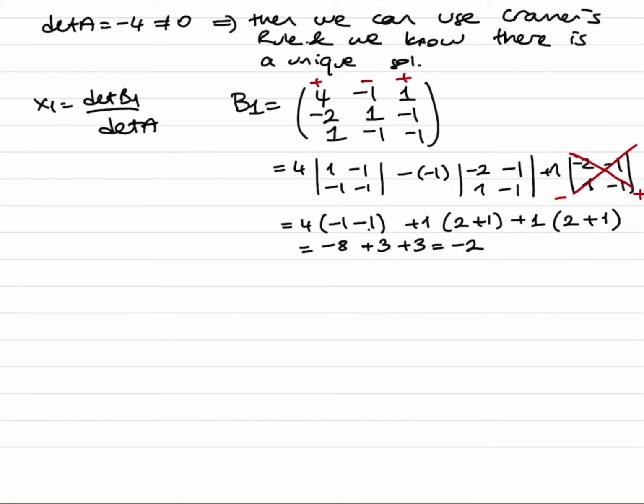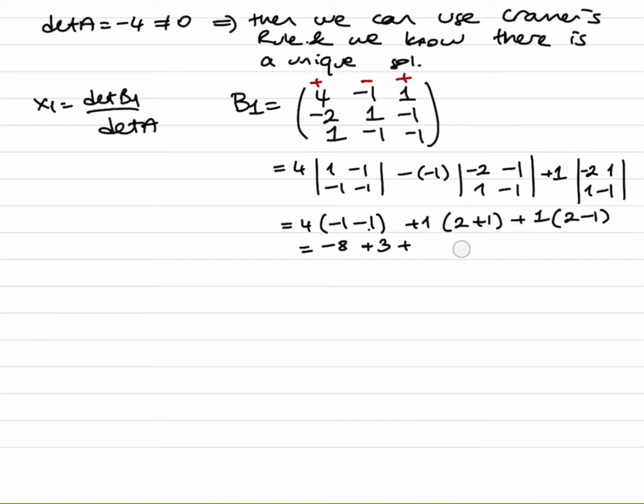So I think I did something wrong here. Okay, I made a mistake here. What is this? This is plus 1 times... Okay, we close this row, this column, so it is (-2, 1), (1, -1), then (2, 2, -1).